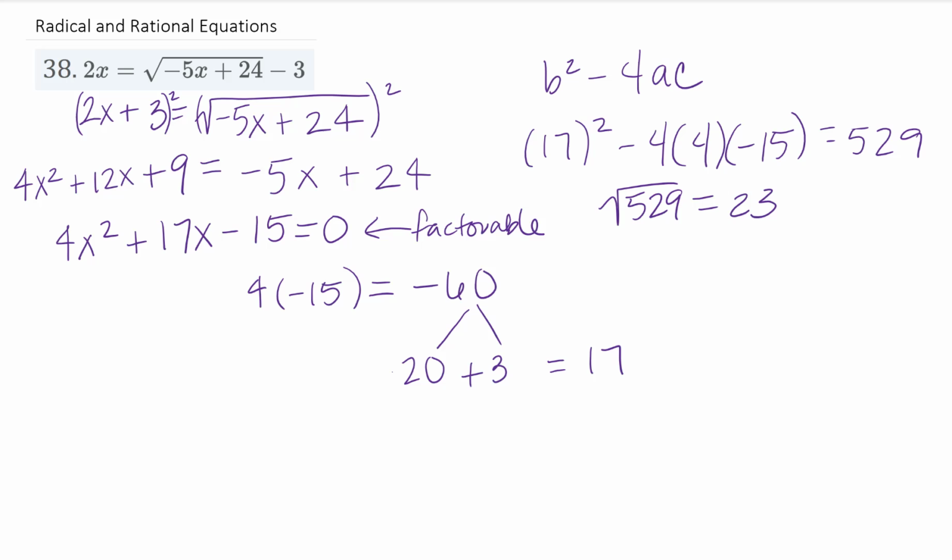Because this is a positive 17, you're going to use a negative for your 3. So when you add them together, you get 17, and they also multiply to give you negative 60. So I'm going to replace this 17x with 20x minus 3x just to make sure we can factor really nicely.